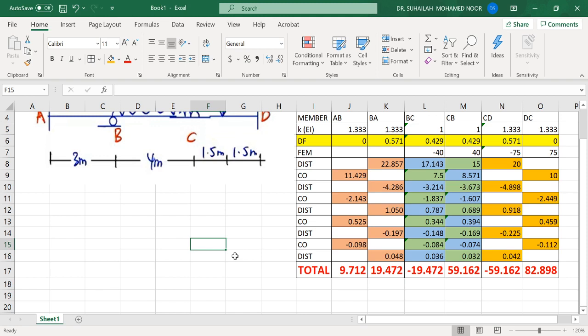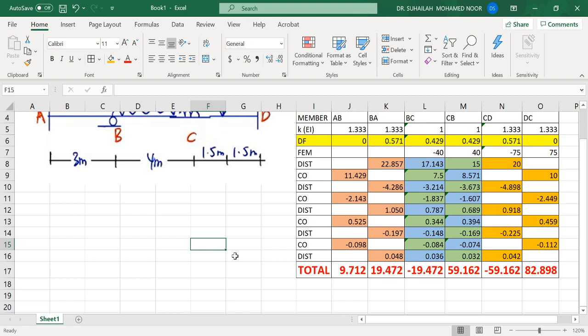Every time you analyze a problem for the moment distribution method, whether it is a beam or a frame later on, always recheck the answer with Excel. With Excel like this, we normally can only change the value and automatically we will get the answer. So you have to do manual calculation very carefully, because we may be careless during the process.